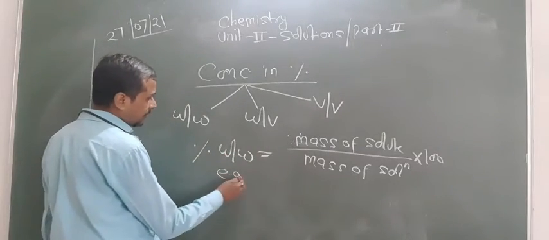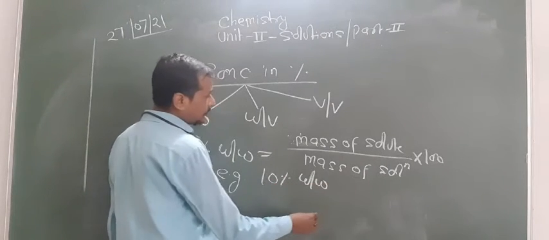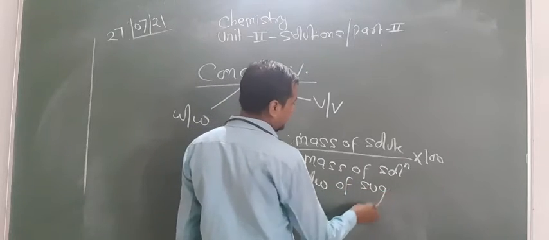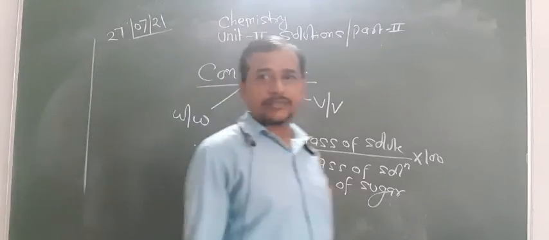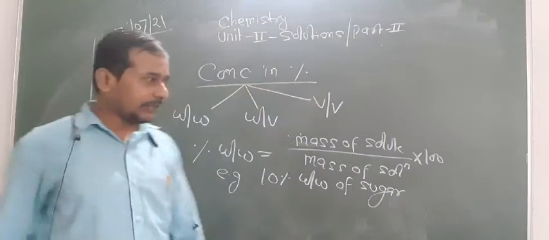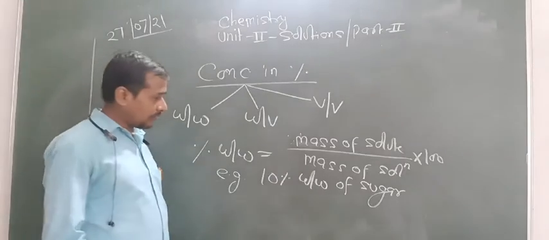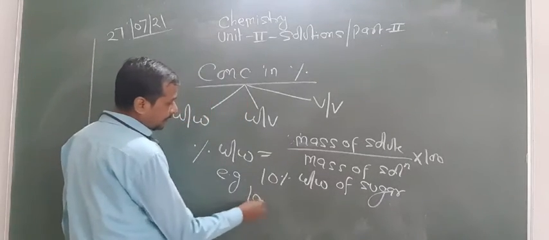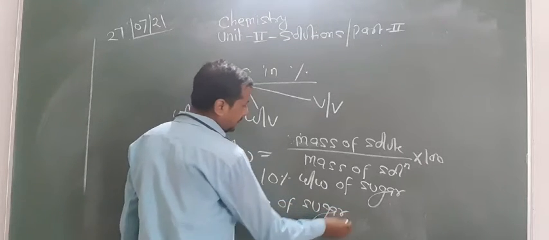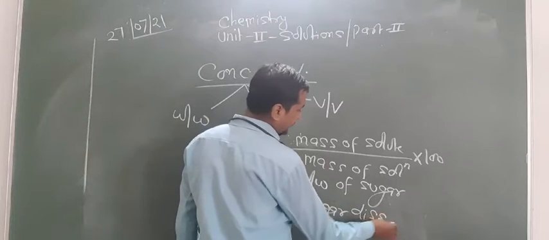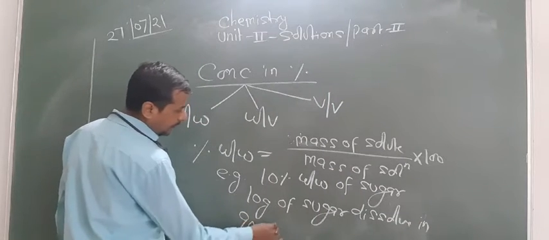Now one example is given here, just like 10% W by W of sugar. The sugar is basically sucrose, the formula is C12H22O11. What is the meaning of this? If you know the meaning, by this way you can also find the number of moles. It means that 10 gram of sugar is dissolved in 90 gram of water.